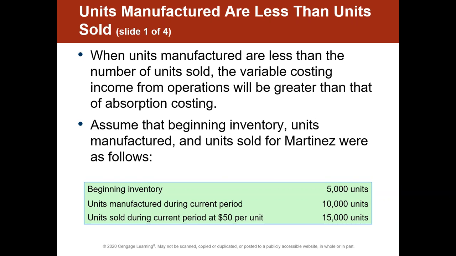So in this case, their beginning inventory is 15,000. They manufacture 10,000, and then they sell 15,000 during the period. So they're selling everything they had plus what they made during the period. A lot of times that's what you'd like to do. If you could time it out just right, not carry inventory forward, just produce it just in time. Otherwise, you're storing it, it's sitting in a warehouse or something, and it costs money to store stuff.